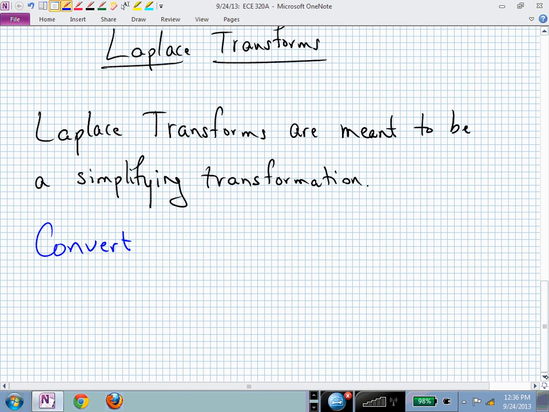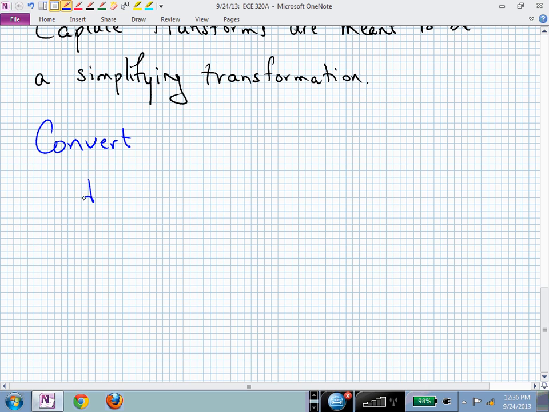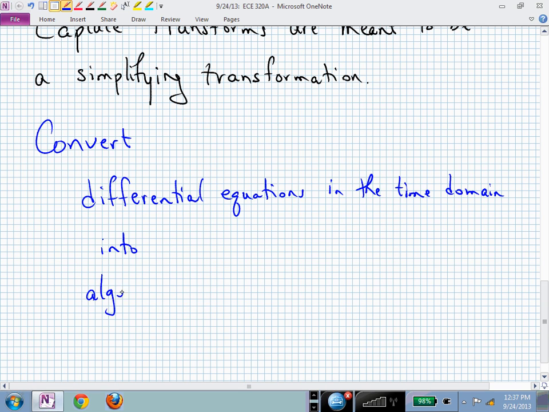And the reason we want to do that is because we can now convert these time domain differential equations into equations involving this complex frequency variable S that will allow us to just use algebra. Complex algebra, but we can use algebra. So we're converting differential equations into algebraic equations.